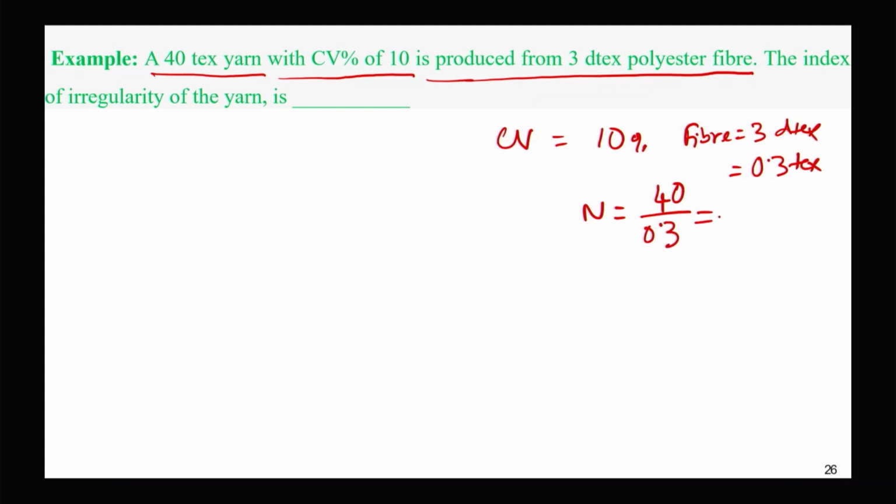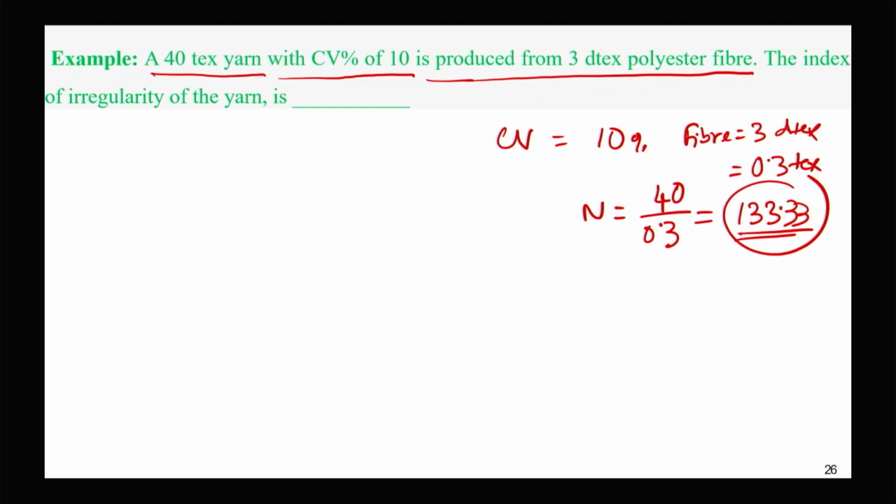So the number of fibers in the yarn cross section is yarn tex by fiber tex, which becomes 133.33.